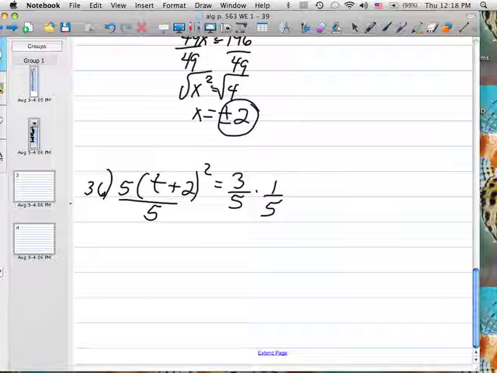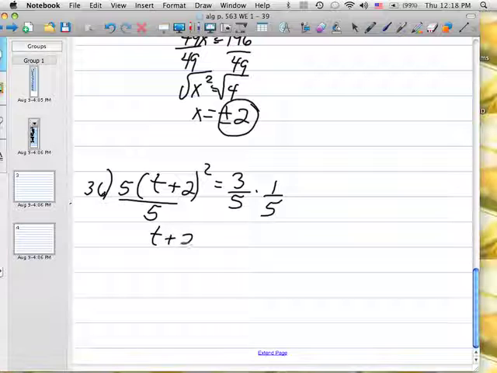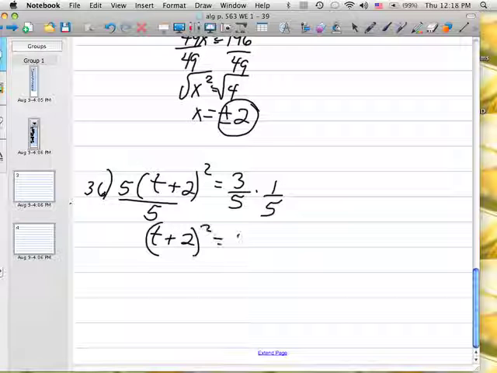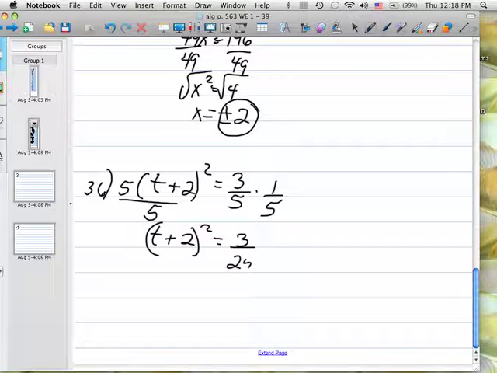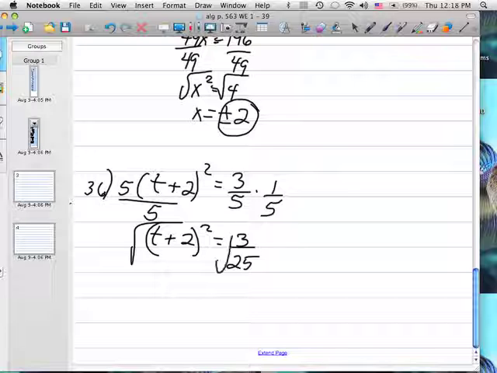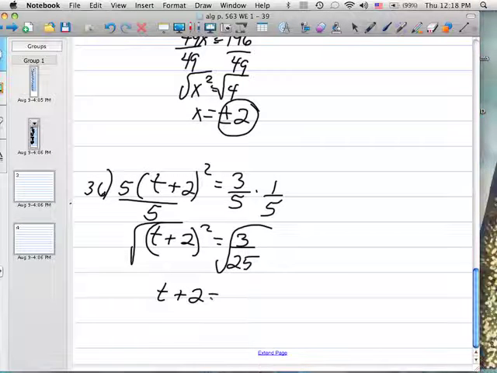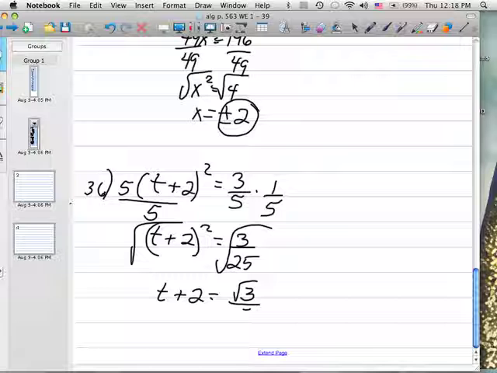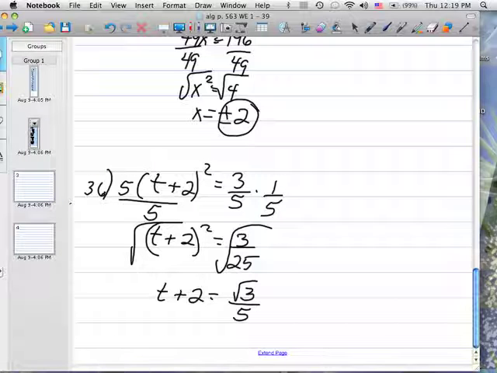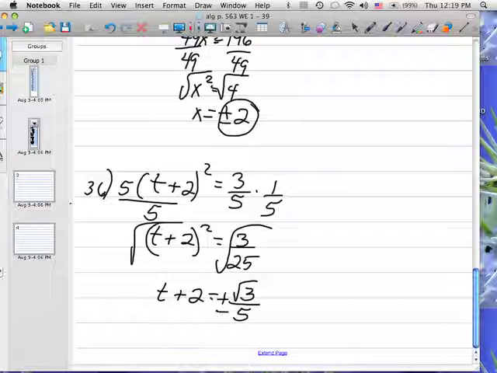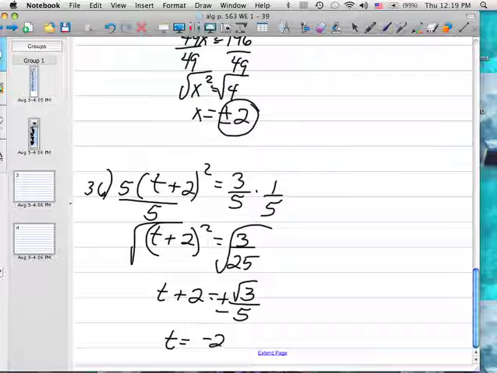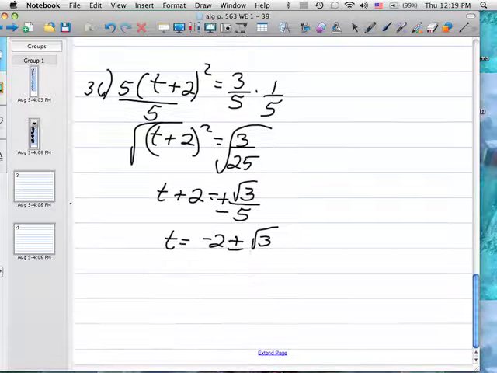So we now have t plus 2 quantity squared equals 3/25. Take the square root of both sides. We get t plus 2 equals plus or minus the square root of 3 over 5. So t equals, subtract 2, negative 2 plus or minus the square root of 3 over 5.